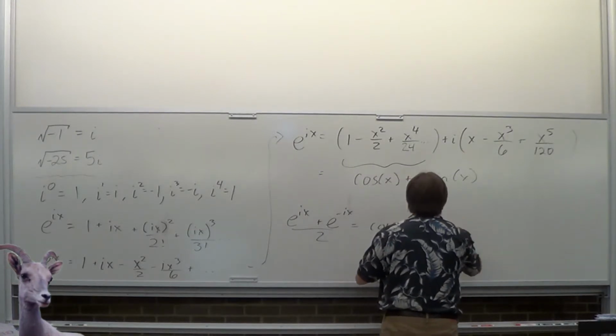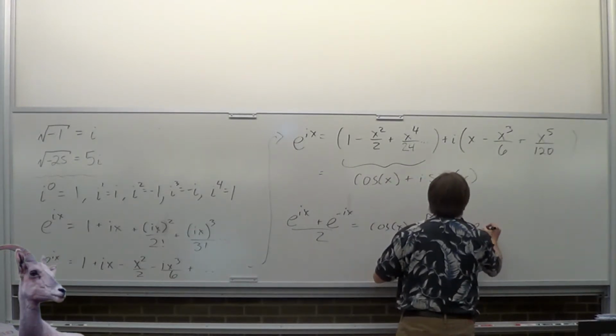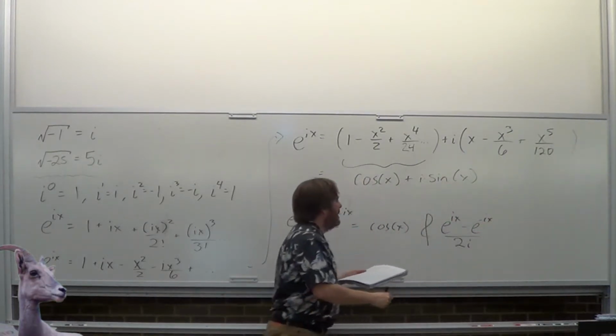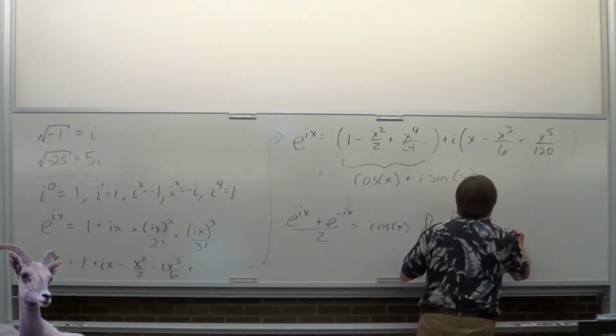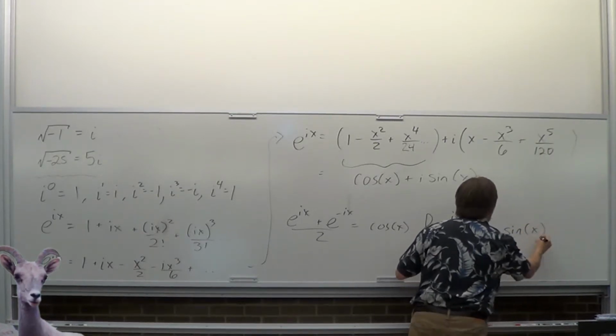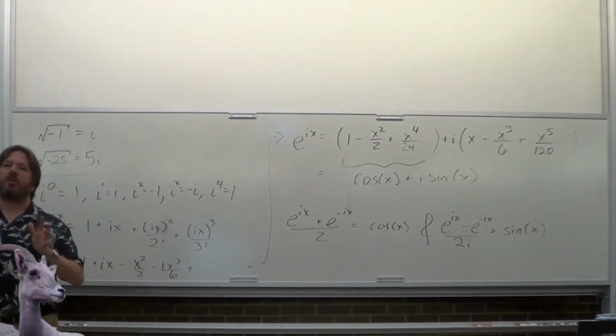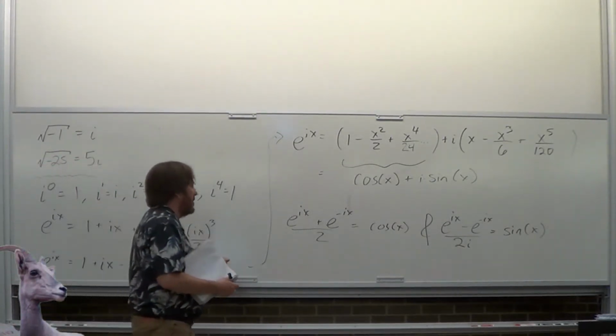You might really want this memorized because you're going to use it. I have it on the cheat sheet, but this is absurdly useful. You're going to need this all the time.